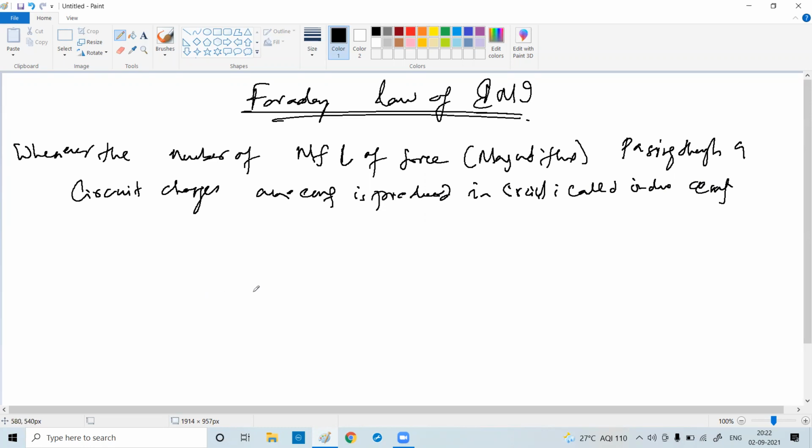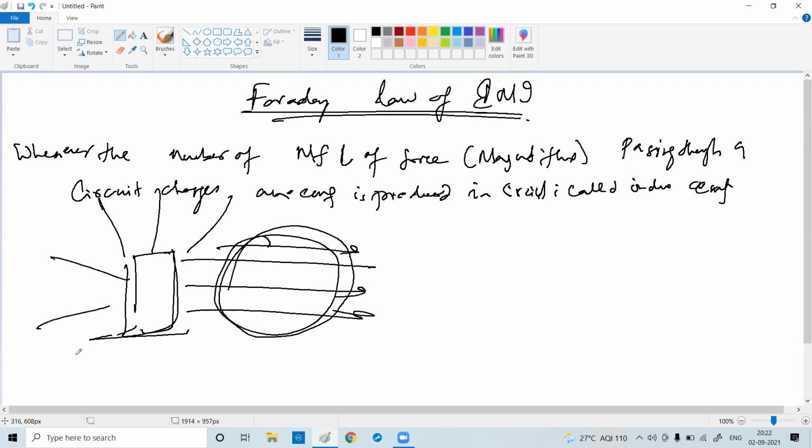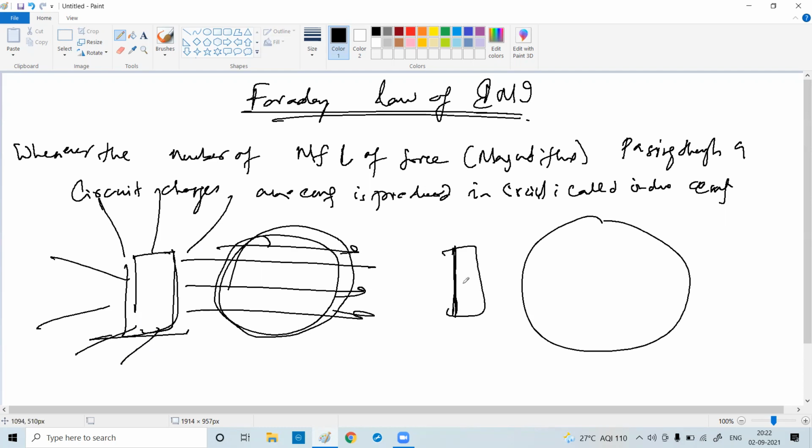That means what? If you have a circuit, and you are keeping one magnet here stationary, the magnetic field lines will be stationary. But what you did, this magnet, you started shaking it.